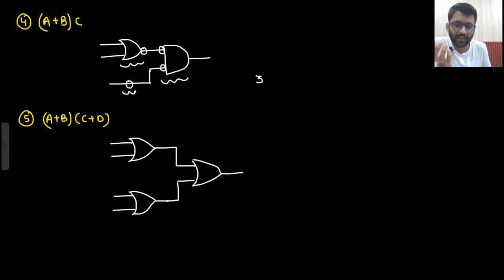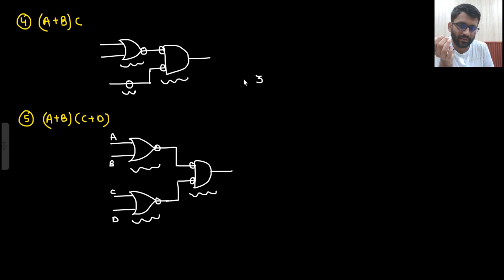This would be A plus B into C plus D. So if I am introducing 1 bubble here, I will have to introduce another one here. This is A, B, C, D. 1, 2 and 3. So again the answer will be 3.